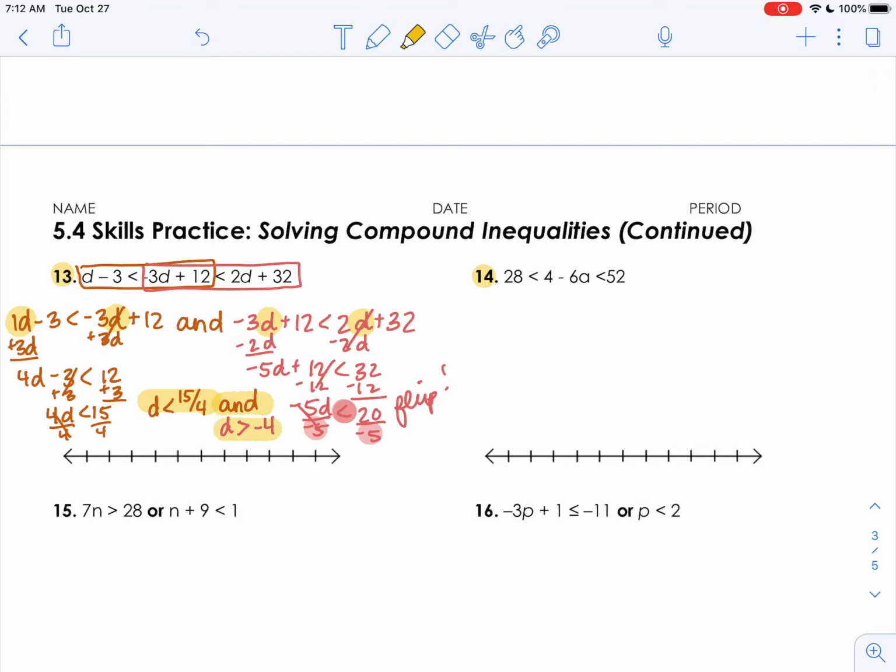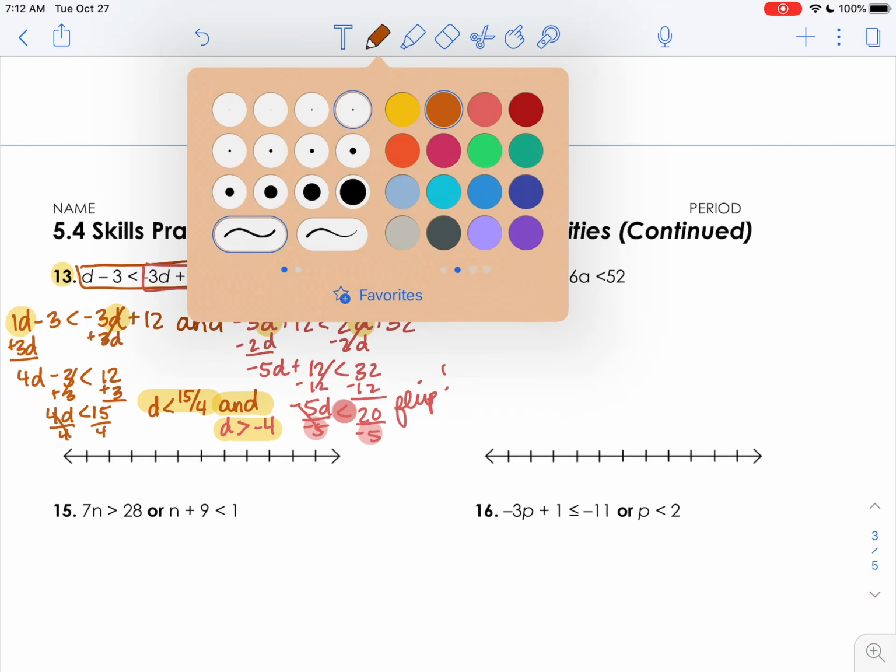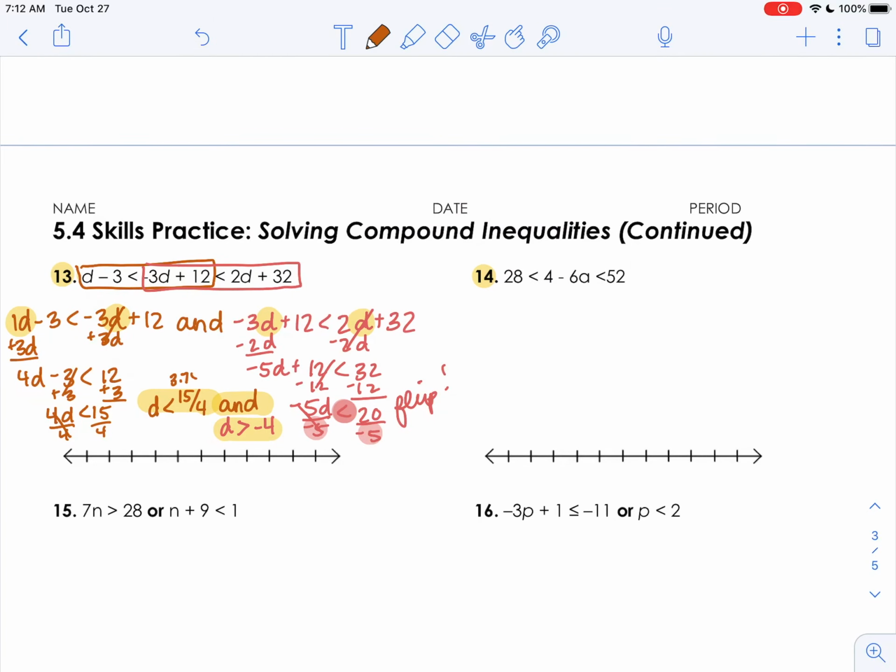So first I want to think about what 15 over 4 is. So I'm going to think of it as either a decimal or a mixed fraction, so I know where to put it on the number line. I'm going to go ahead and just divide it out and look at it as a decimal. So 15 divided by 4 is 3.75. So I need to start down here at like negative 5.